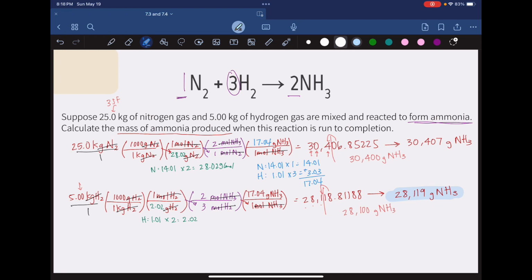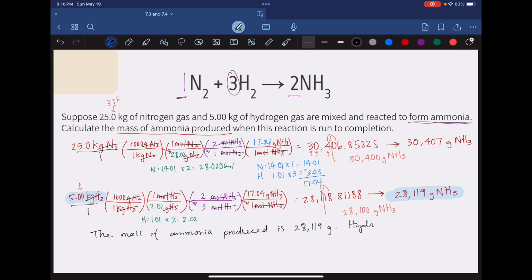So that's how much ammonia could be produced. And it came from our limiting reactant. So if I put this into a wonderful sentence to throw it all together, let me pick a color. We could say the mass of ammonia produced is 28,119 grams.